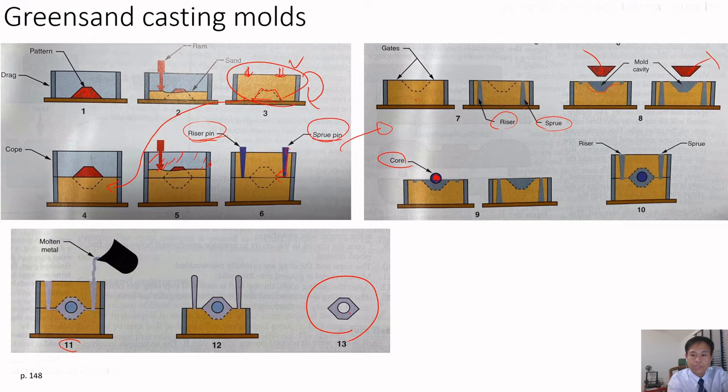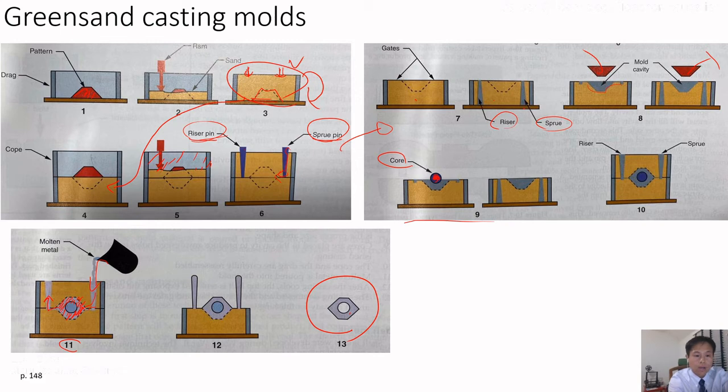So once we finish creating the mold, we can pour molten metal here, and the metal goes inside and creates the structure, this pattern. To make this object, we need to pour enough molten metal, right? So the excess metal should go to here.